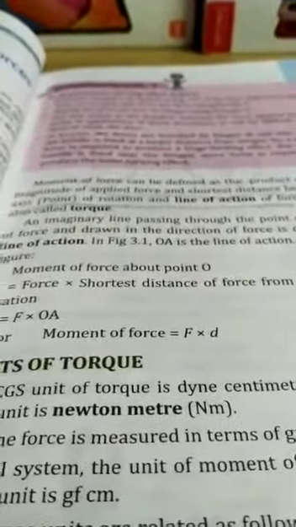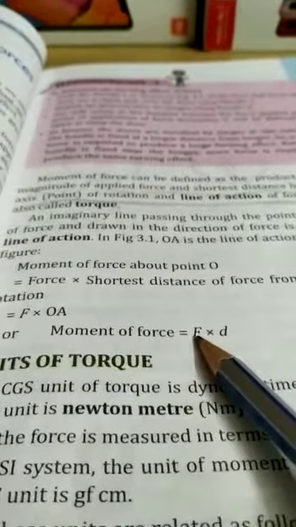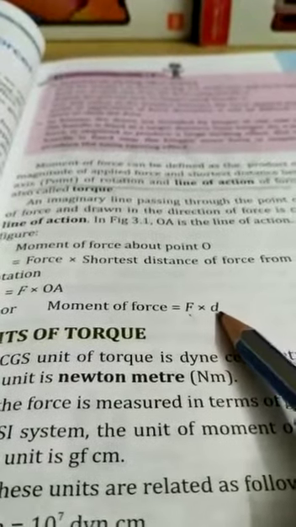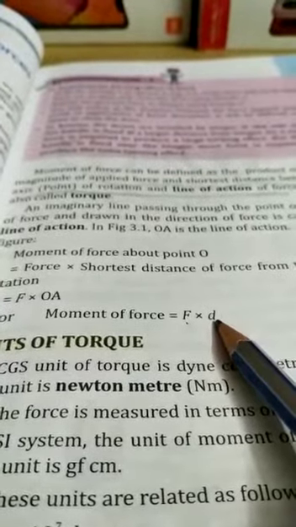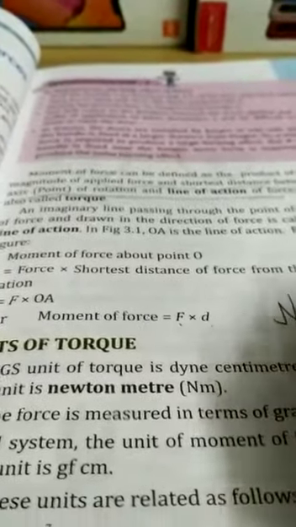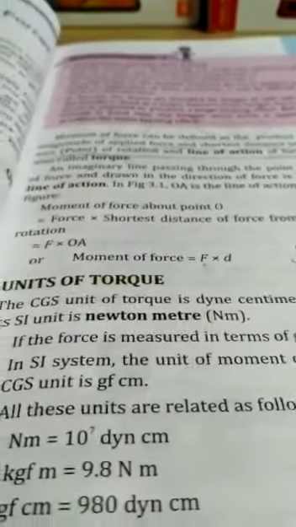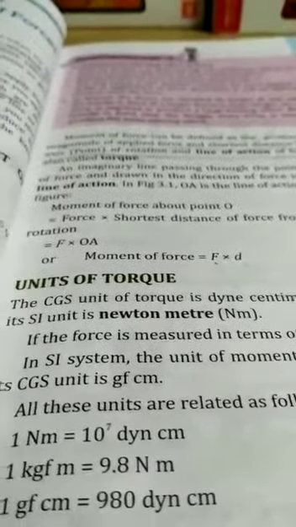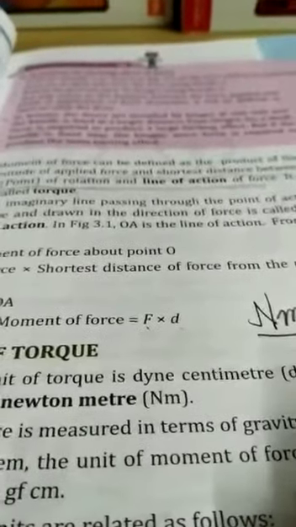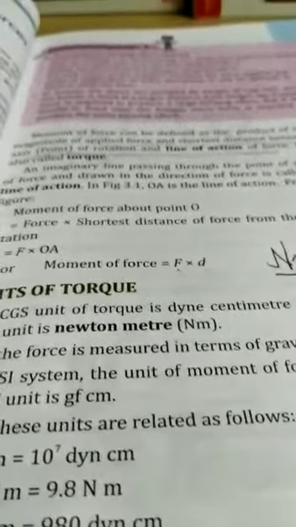Since force is measured by Newton and the line of action, that is distance, is measured by meter, the SI unit of this torque is Newton meter. I hope you all have understood this.